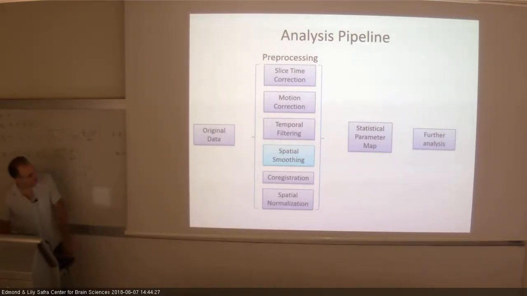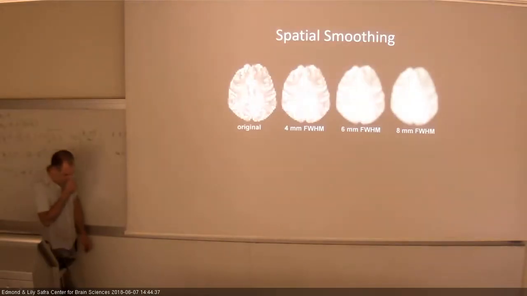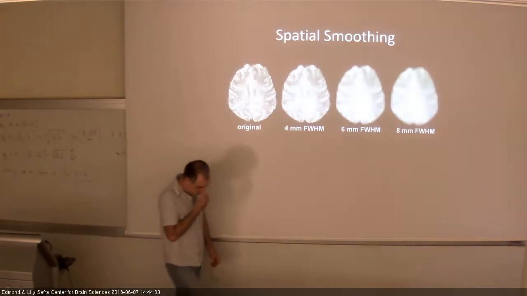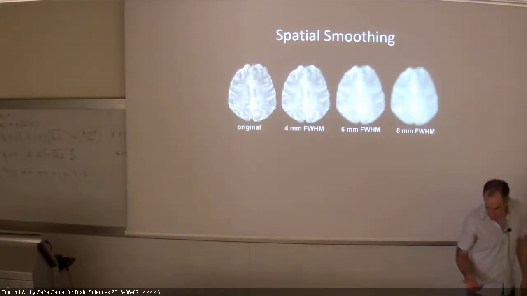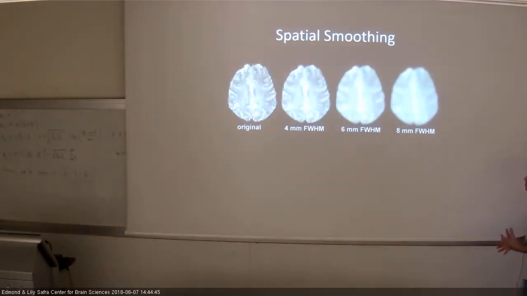So right now we clean some noise from the signal, and now we'll talk about procedures that allow us to get into some kind of normal space or group analysis.